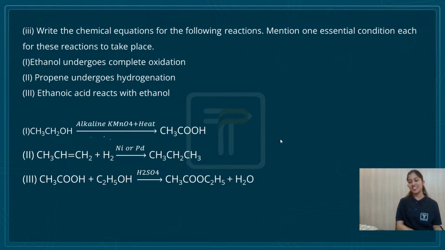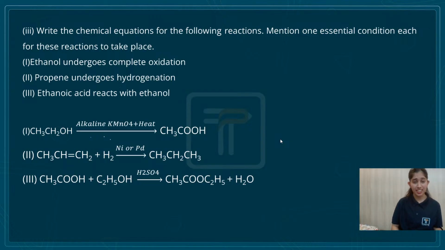We have studied this reaction. And what is the characteristic of this reaction? Fruity smell, fragrance will come. And the necessary condition, presence of H2SO4 is the necessary condition. That's it.